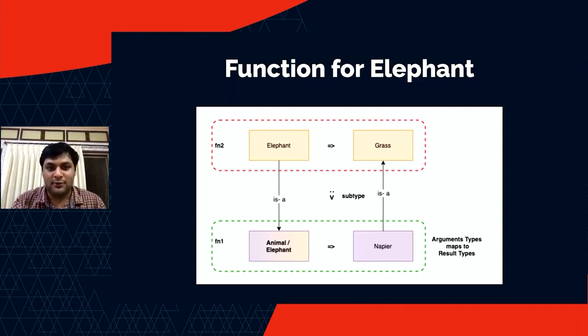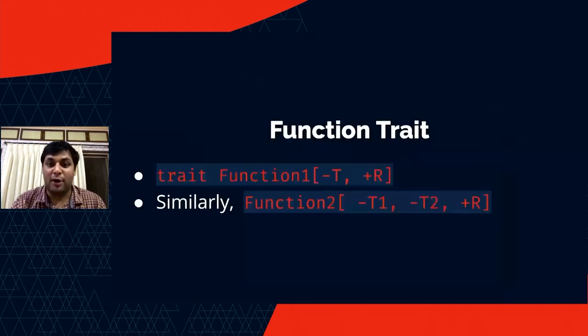Therefore Function2 is a supertype of Function1, and Function1 considers the Function2 cases true, and therefore we are contravariant on the input end and covariant on the output end. Similarly, if there is a function which has two inputs and a result, that's the definition of it: contravariant in T1 and T2, and covariant in R.